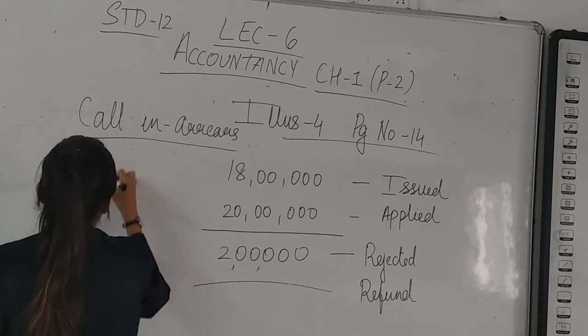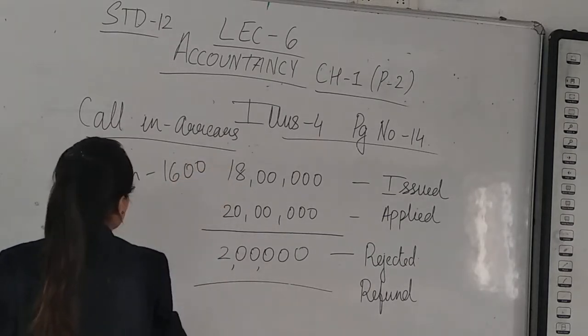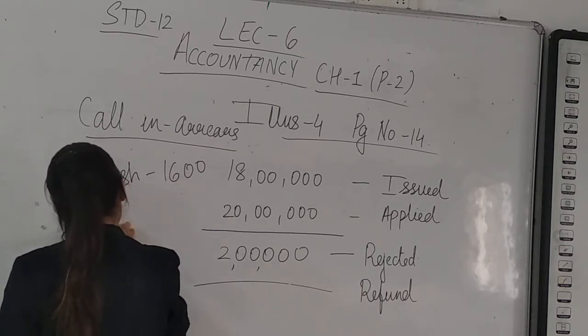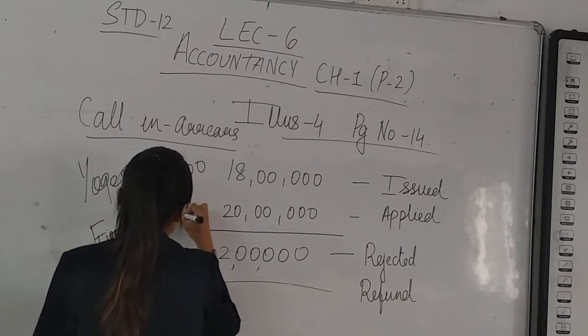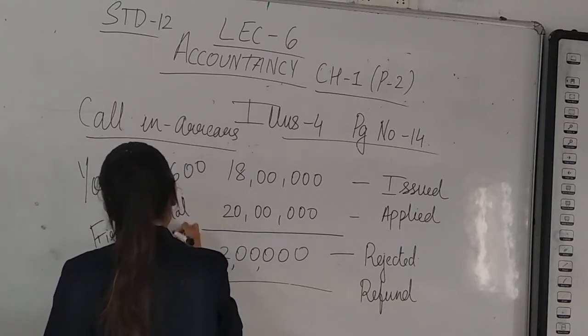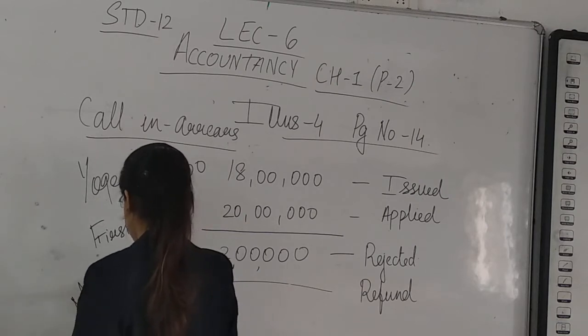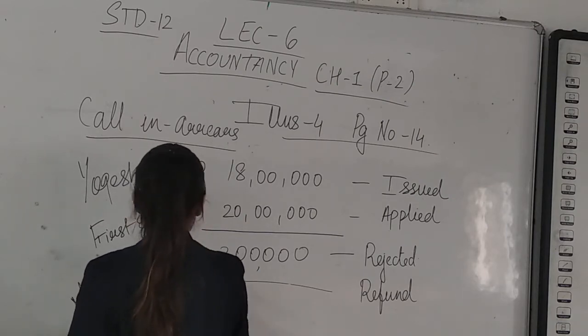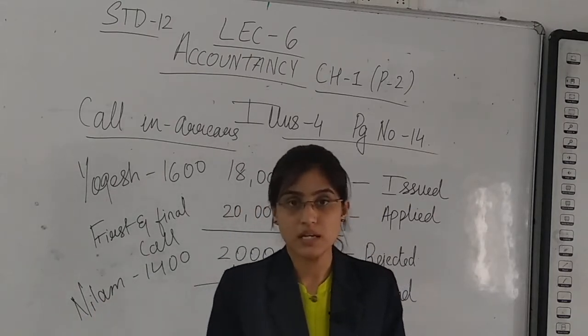There is Yogesh having 1600 shares. He did not pay first and final call. Then there is Neelam, 1400 shares, did not pay final call money.